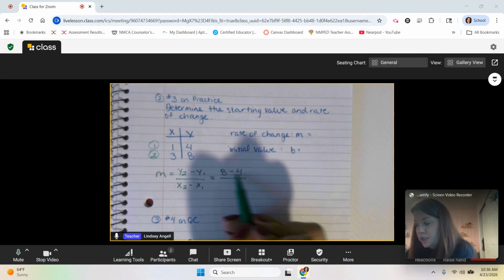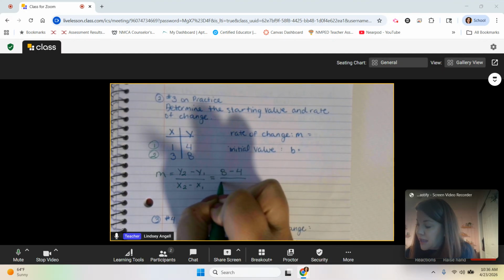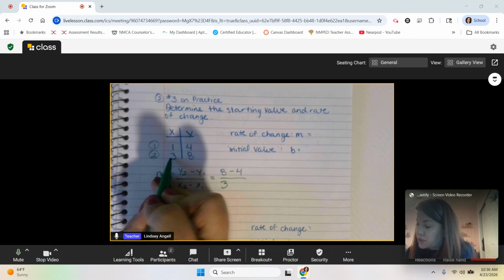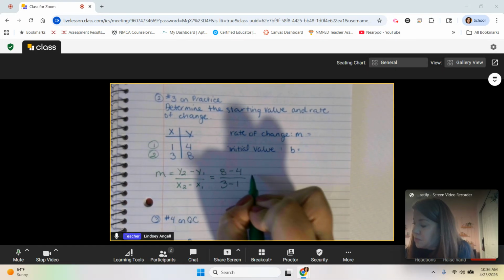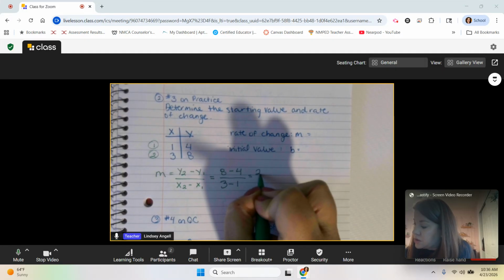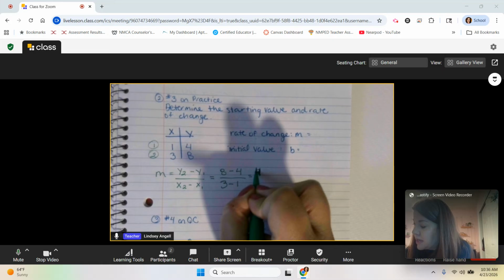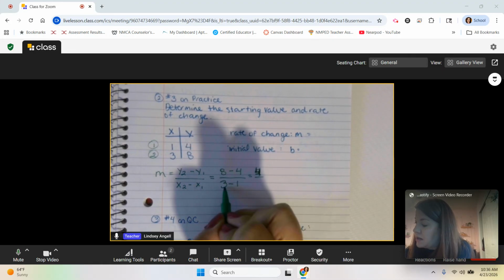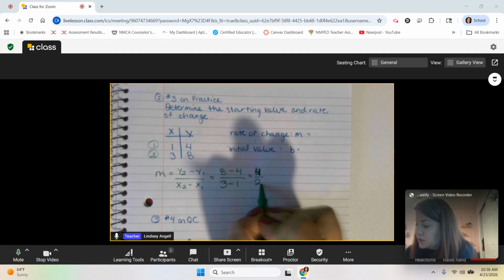That's my change in my y values. And then I'm going to put that over the change in the x values. Again, starting with point 2, subtracting point 1. Well, let's see, 8 minus 4 is 2. Nope, just kidding, it's 4. I was dividing in my head. Okay, it's 4, and then 3 minus 1 is 2.